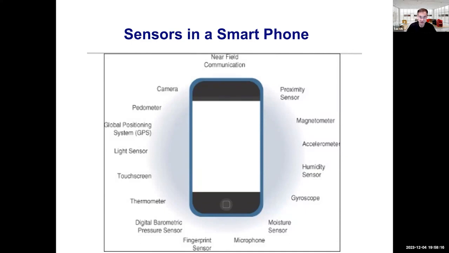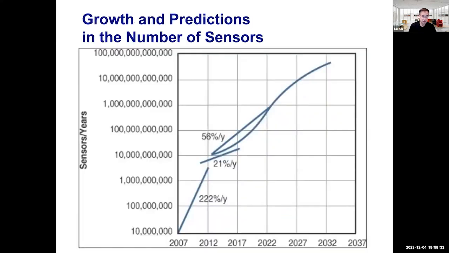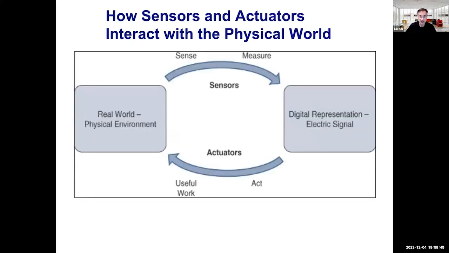It has a fingerprint sensor to log in, a microphone, a moisture sensor. All of those sensors are built in. This is the current trend. So believe it or not, there is a lot of visibility. As for growth prediction, the number of sensors is going to be, I can't even count how many. Quintillion, I don't know, but it will continue to increase. I don't see any decline.